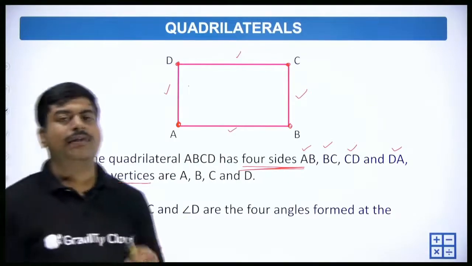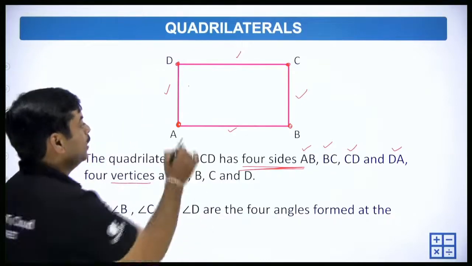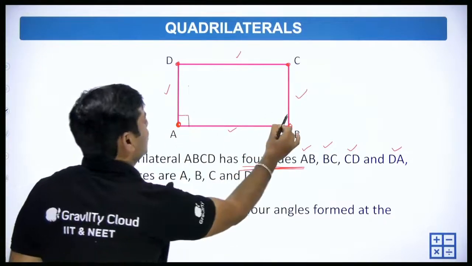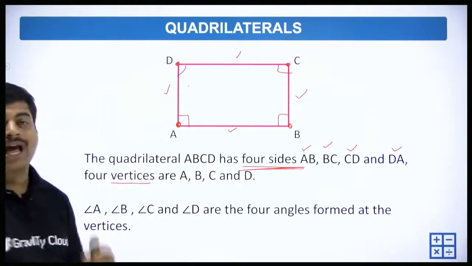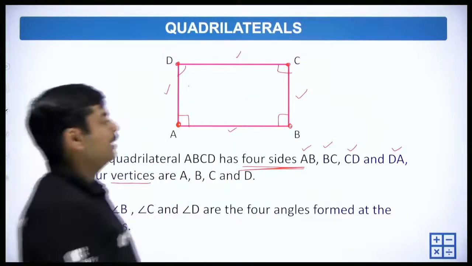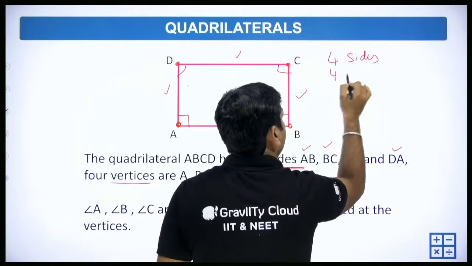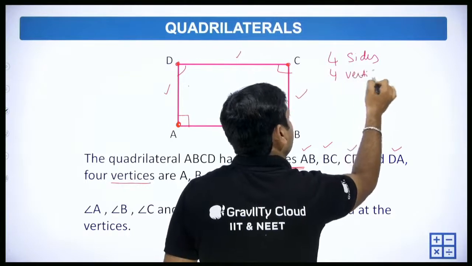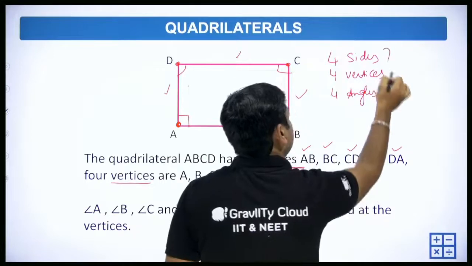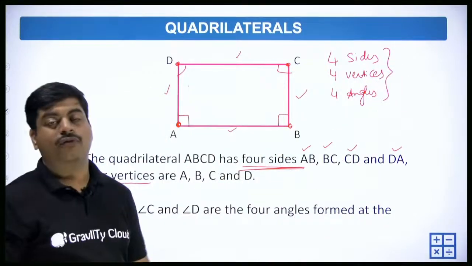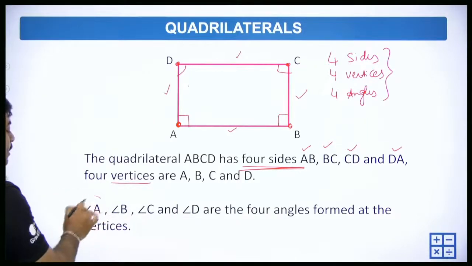If you observe, there is an angle here, here and here, so we have four angles as well. So a quadrilateral has four sides, four vertices, and four angles.